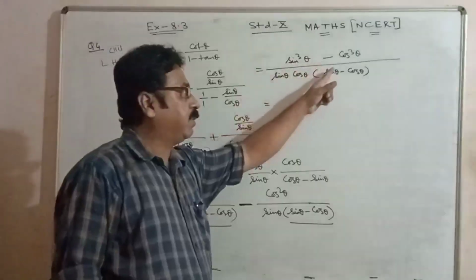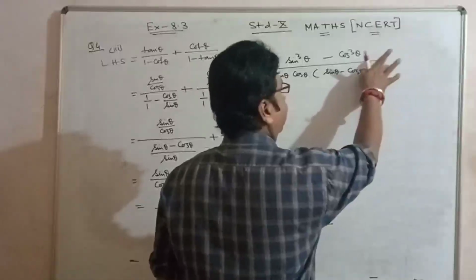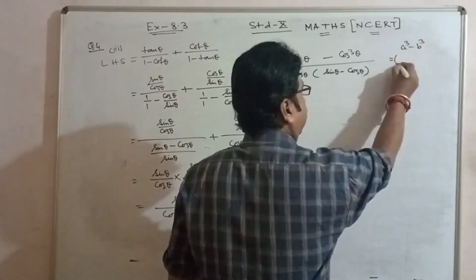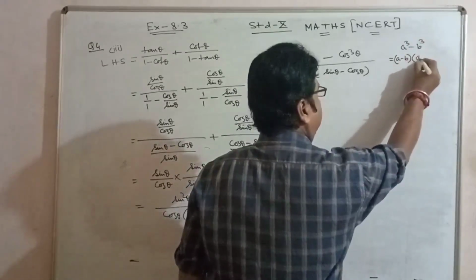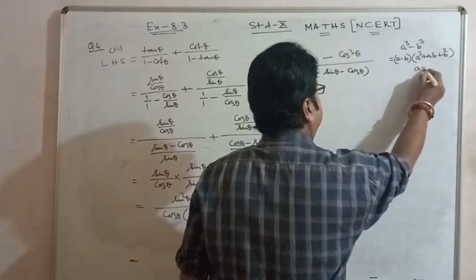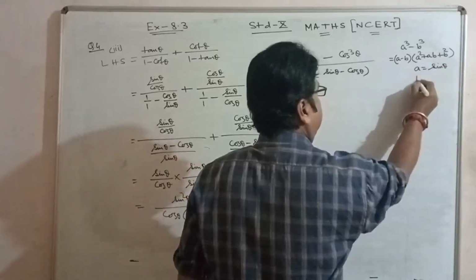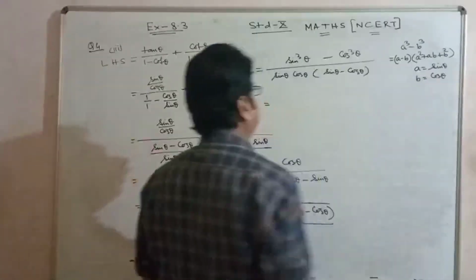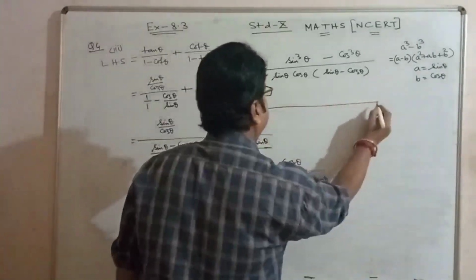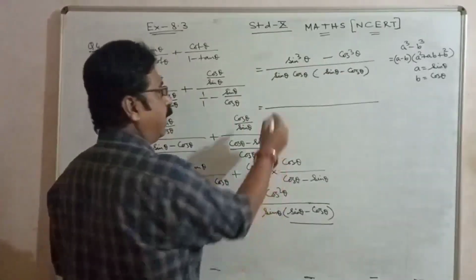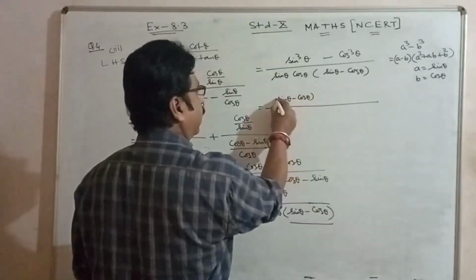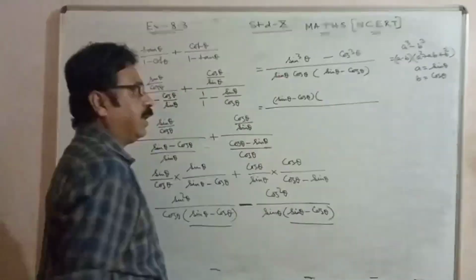It is a cube minus b cube. What is the formula for a cube minus b cube? It is an identity: a minus b into a square plus ab plus b square. A is sin theta and b is cos theta. So sin theta minus cos theta, that is a minus b, into a square plus ab plus b square.